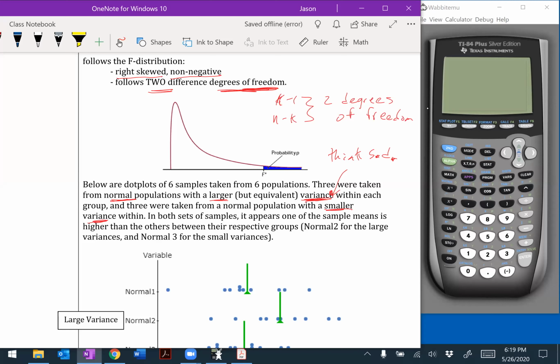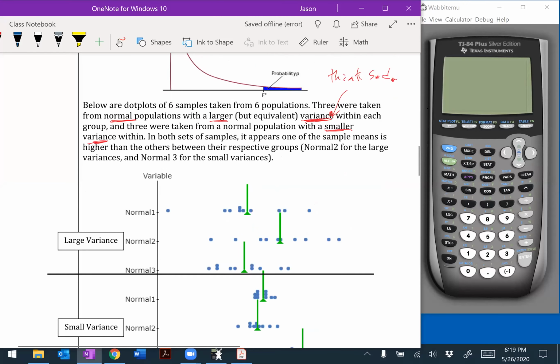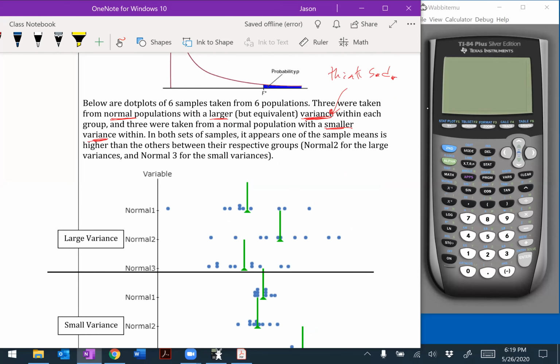In both sample sets, it appears one of the sample means is larger, is higher than the others between their respective groups. So if you look at the large variance groups, this one, the sample mean, is higher than the other two.